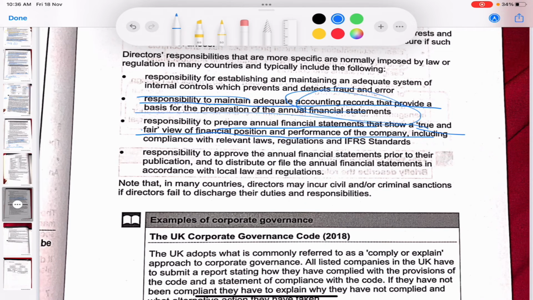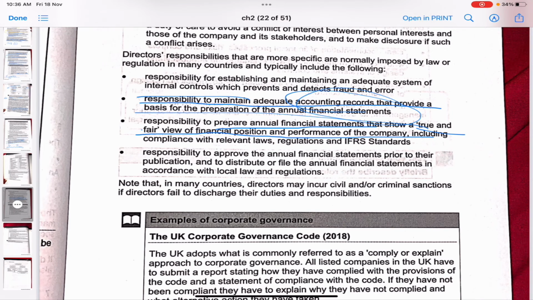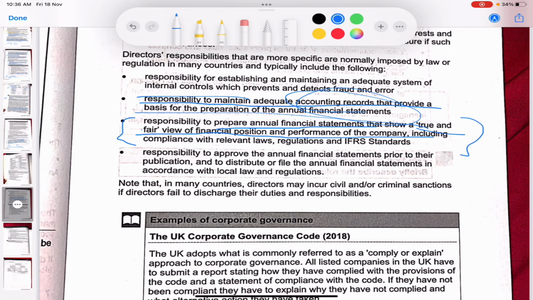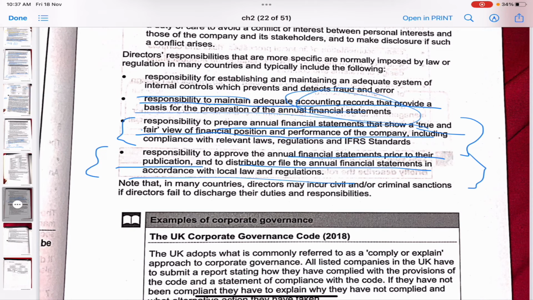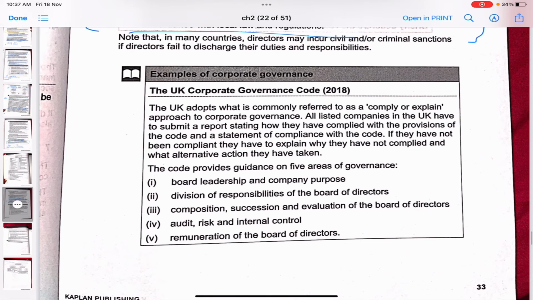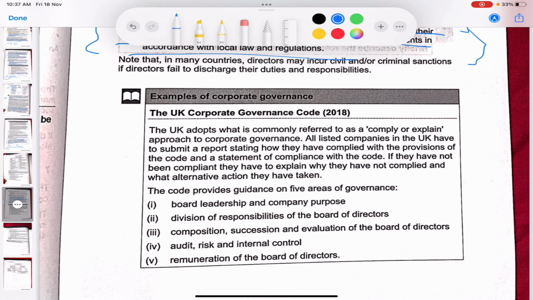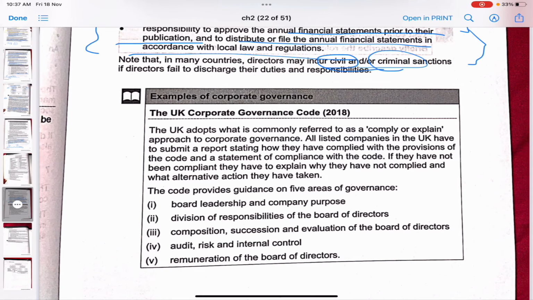So we know that it should be true and fair, and the financial statements prior to their publication need to be distributed, and also made available to the stakeholders. Note that in many countries, directors may incur civil or criminal sanctions. So if a director fails to fulfill his or her duties, they can incur civil and/or criminal sanctions.